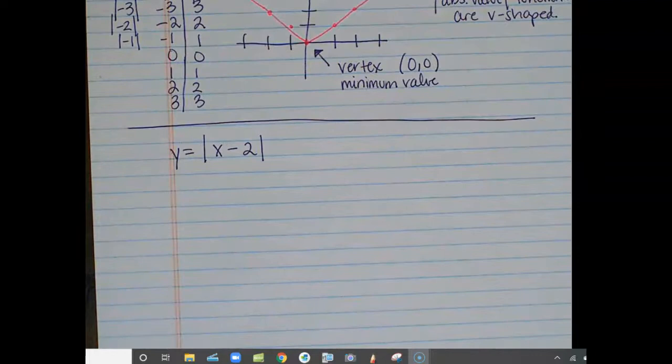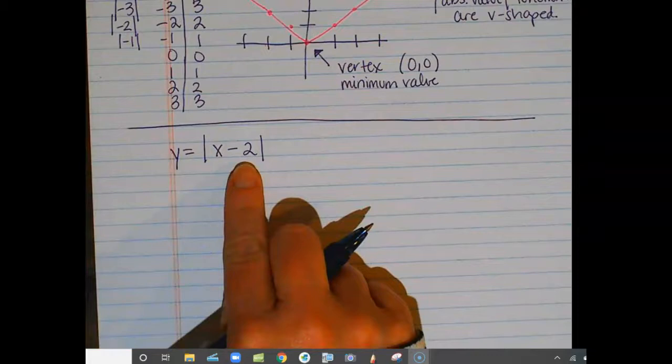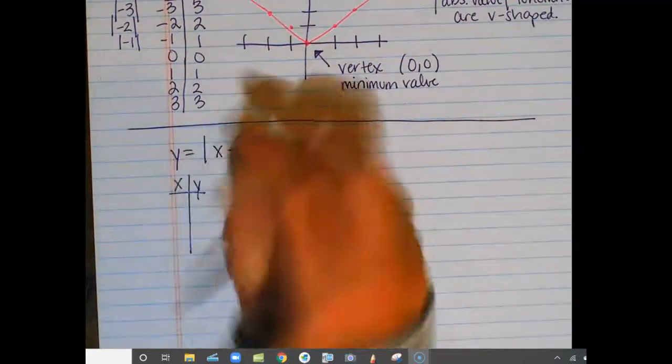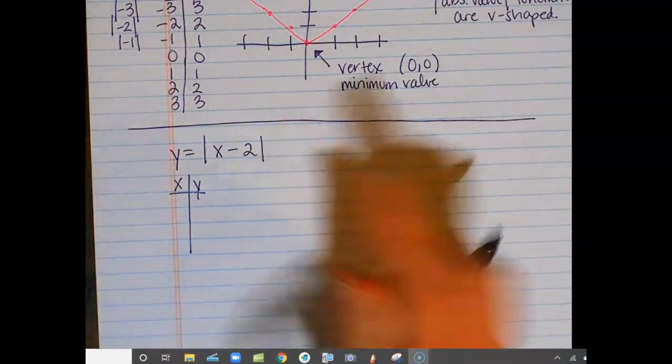Simply knowing that absolute value is a V-shape is helpful. I also know that this is going to be an up V, which we're going to talk about in a minute. And I have some shift here that I'm not sure where it goes. So let's do another XY chart to just practice plugging in our numbers.